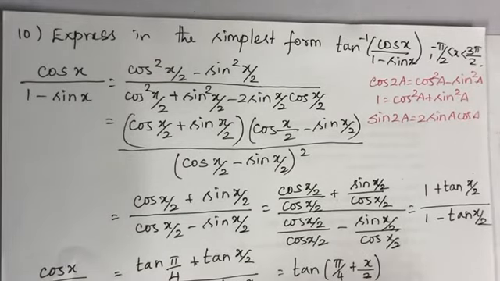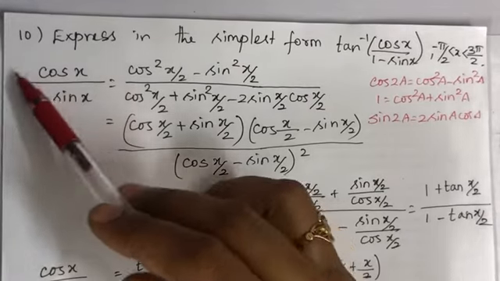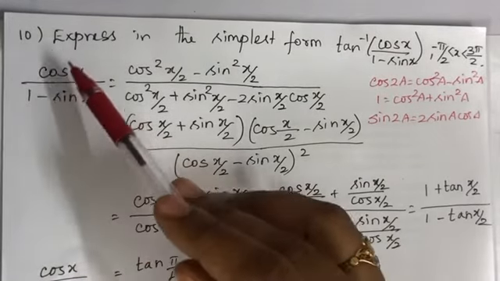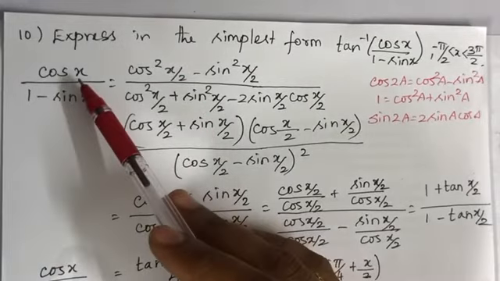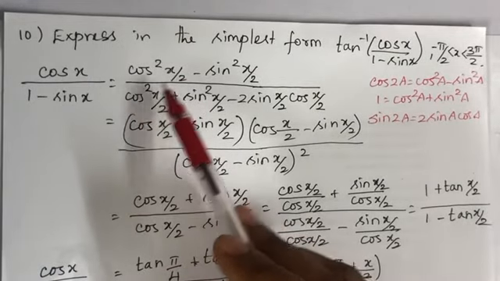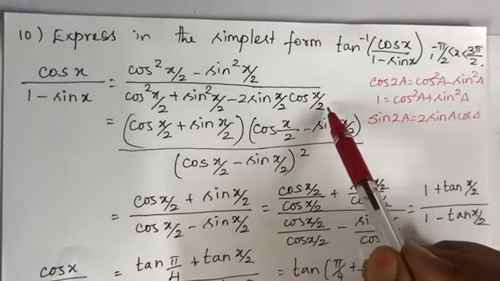If cos and sin terms come together like this, then we can write the formulae for this, so that we can simplify it very easily.